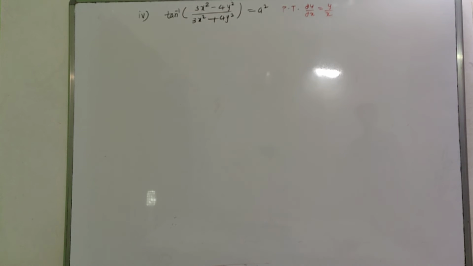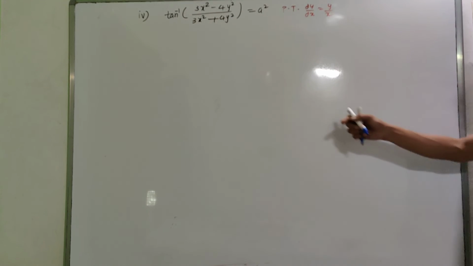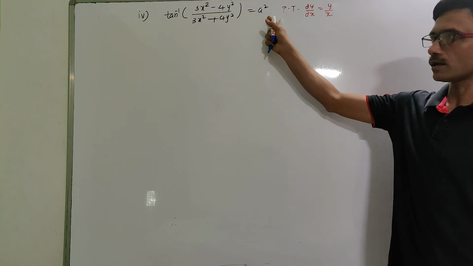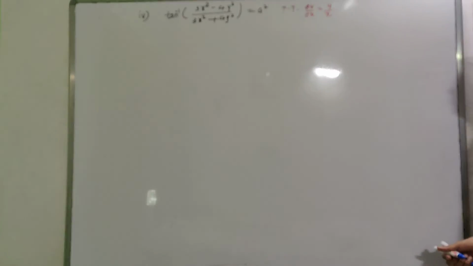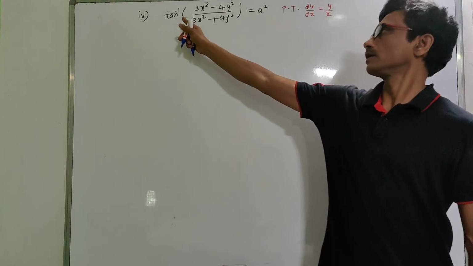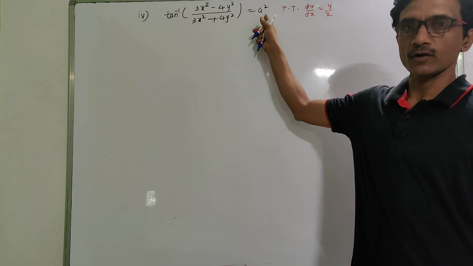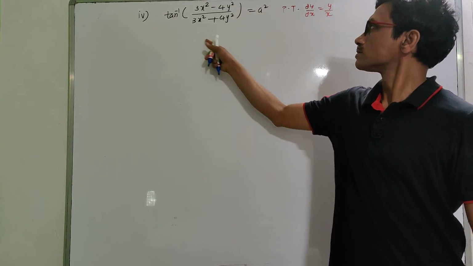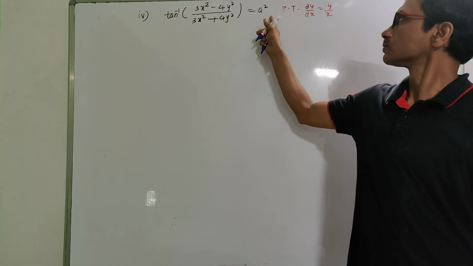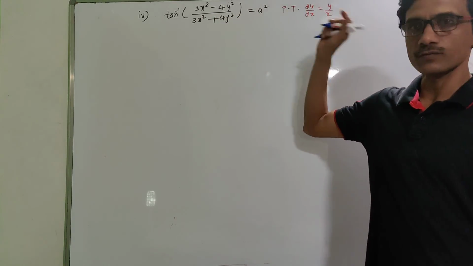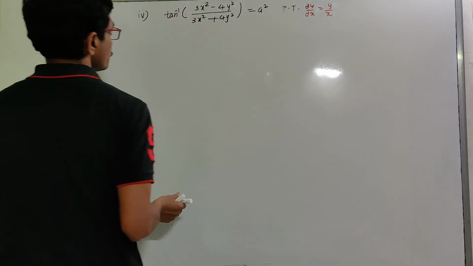Fourth sub question: tan inverse of this is equal to a squared, and prove that dy/dx is equal to y/x. Here is tan inverse, so we take tan of it, the inverse function, so we write tan of a squared on the right hand side.